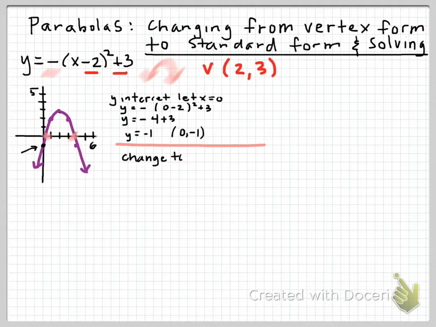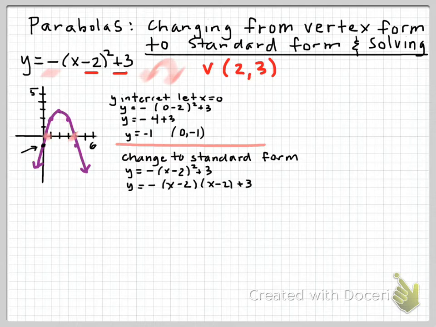Okay. The next thing I'm going to do is I'm going to change from vertex form to standard form. And the way I'm going to do that is I'm going to multiply everything out. I'm going to multiply everything together and simplify. So you can tell the x minus 2 quantity squared needs to be multiplied by itself.